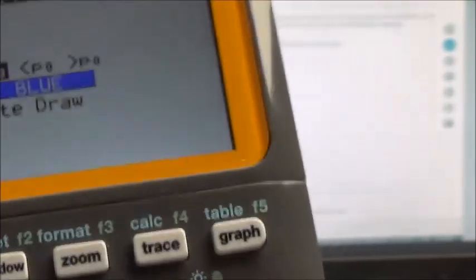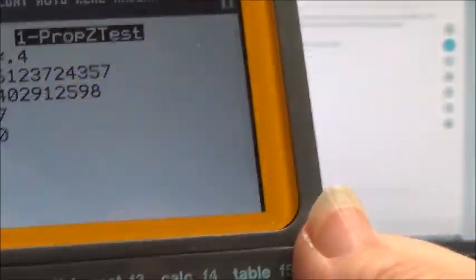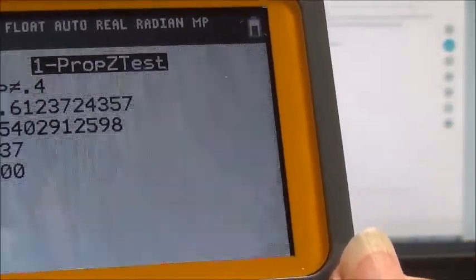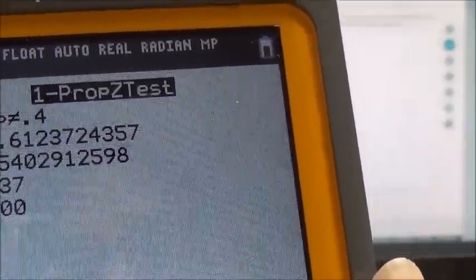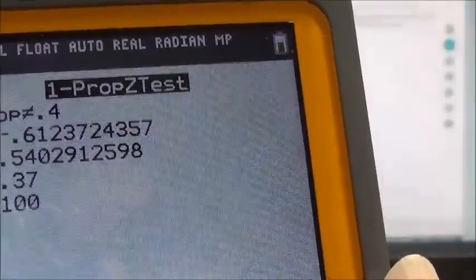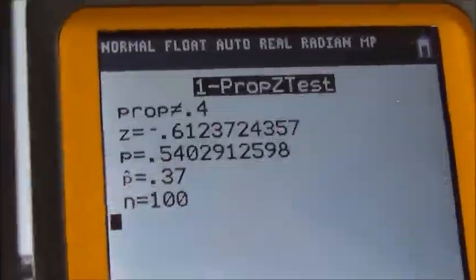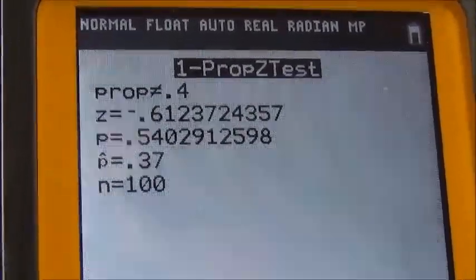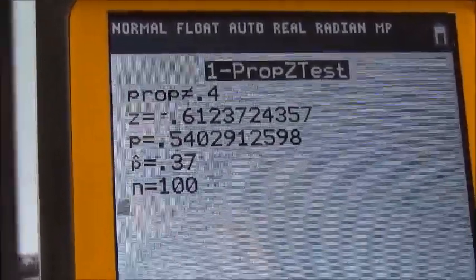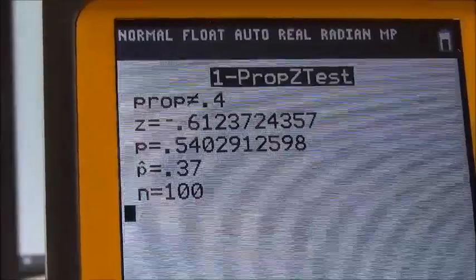We're going to go down to calculate, and we can see that our test statistic, our z value, is negative 0.612. Negative 0.612. I better move that over so you can see. My p-value is 0.540.